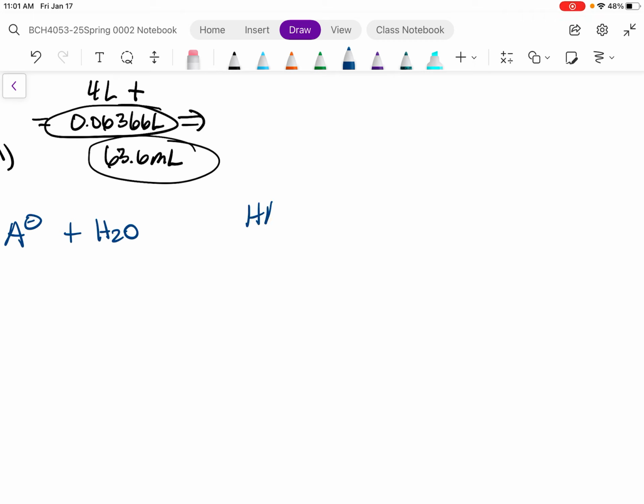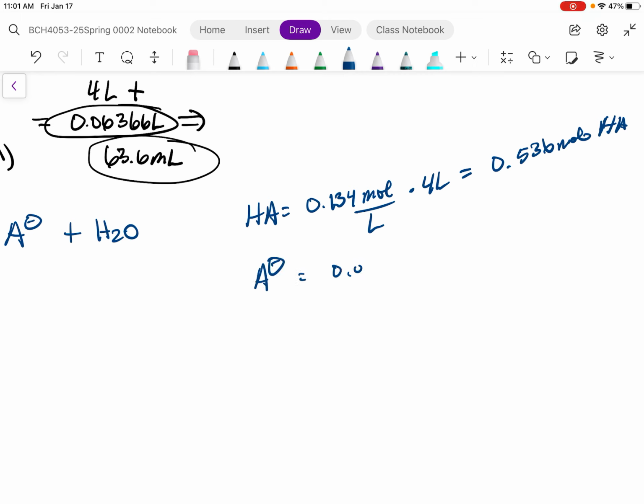Our acid here was 0.536 molar, which is moles per liter, and let's multiply it by 4 liters, because that's how much we have. That's going to give us the total amount of moles of our acetic acid. And if we do that to the acetate, we started out with 0.04 moles per liter times 4 liters, which gives us 0.16 moles.